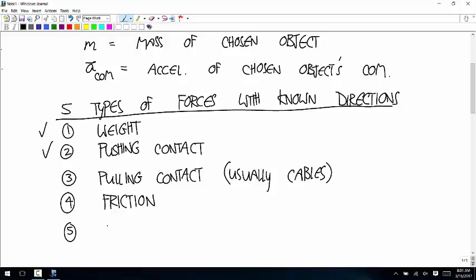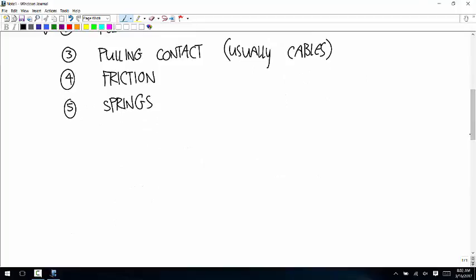And the fifth one is springs. So we're in the middle of pulling contact, then we'll get to friction and springs. Anybody have any questions about kinetics? So back to pulling contact.